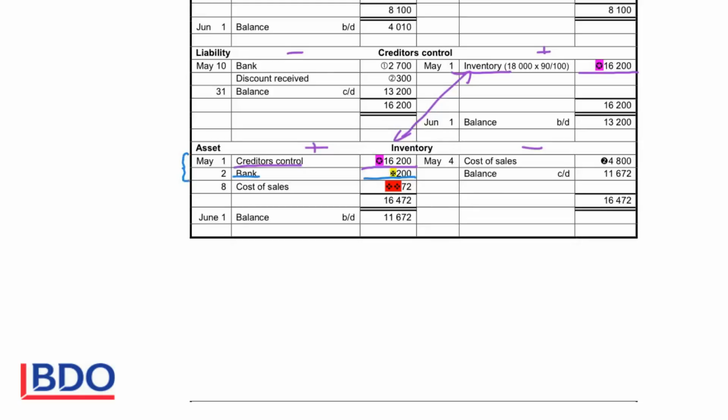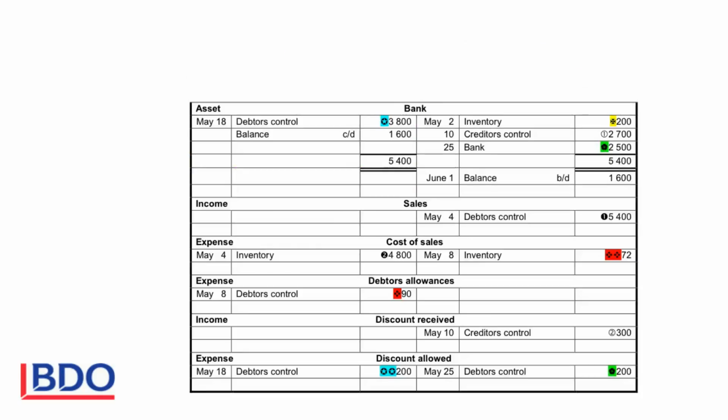And we will credit the bank account because we paid for the goods immediately. The bank account is credited because we will take the money out of the bank. A favorable bank balance will have a debit balance and will increase on the debit side and decrease on the credit side, and we've got less money in the bank.